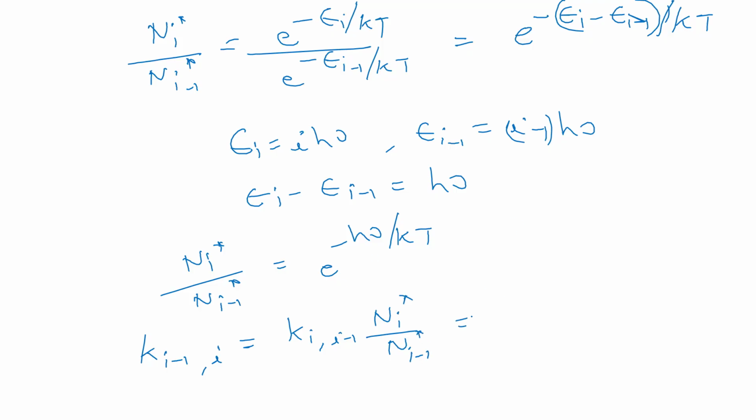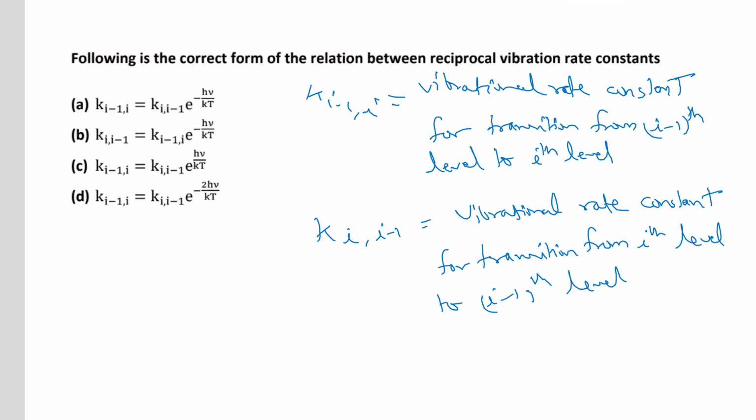If we substitute this value, then we get k(i-1,i) equals k(i,i-1) e to the power minus h nu upon kT. So in the options, this is the correct option here.